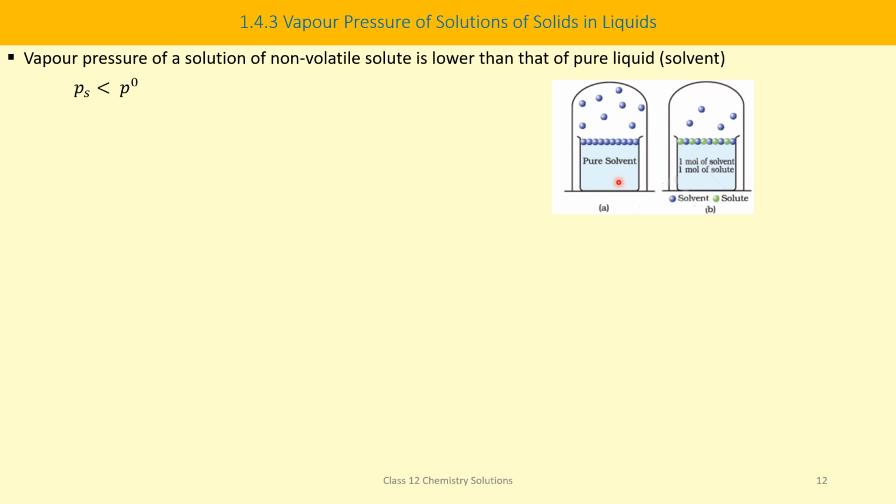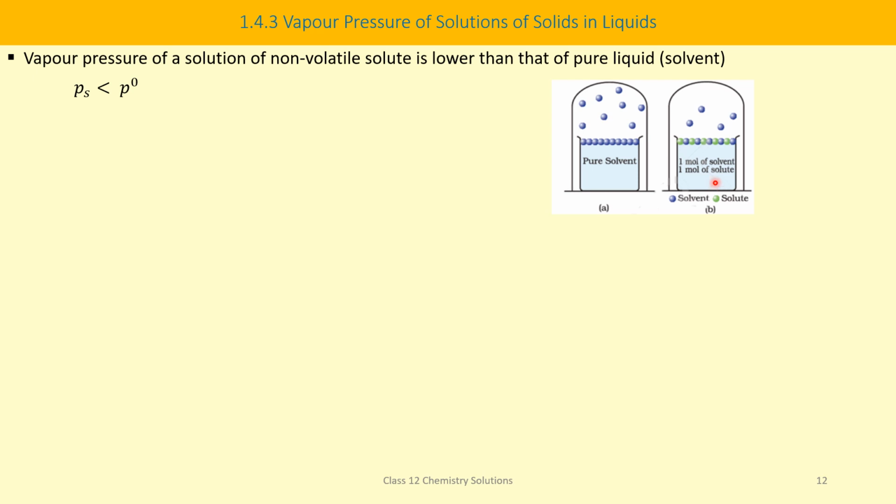In the solution, the surface has both solute and solvent molecules. In this surface here, it has both solute and solvent. The green color is due to solvent and the black colored molecules are due to solute. Thereby, the fraction of surface covered by the solvent molecules gets reduced.